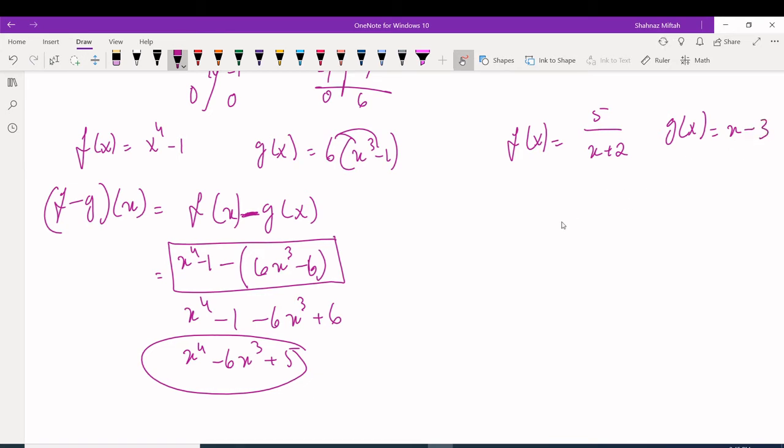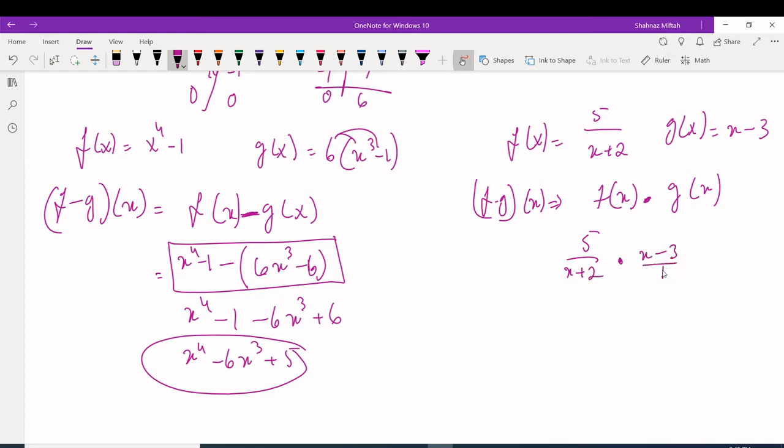So I got that. Now the question is asking find the multiplication one, like f times g of x. So I'm going to rewrite this first. It's f of x times g of x. So plug in f of x, which is 5 over x plus 2, times g of x, which is x minus 3.